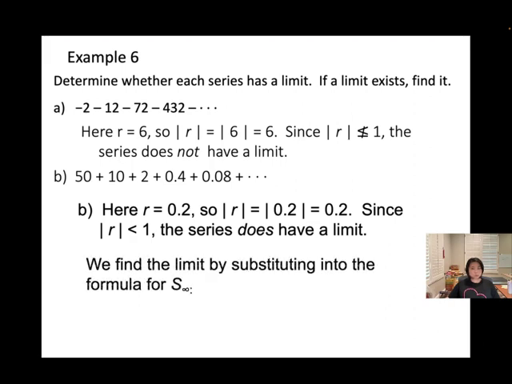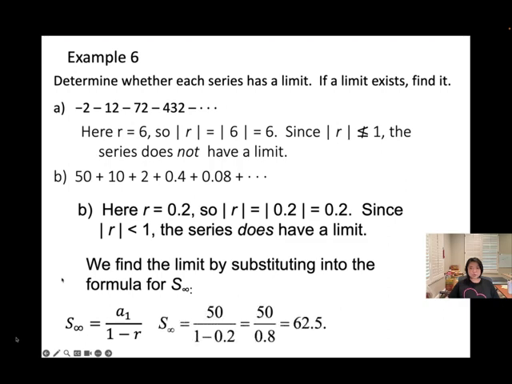So we're going to use the S infinity formula. Okay, we're going to plug it in. A1 will be equal to 50, and then the R will be 0.2 here. Plug it in. You're going to get 62.5. It means when the n keeps increasing, the limit tends to 62.5.